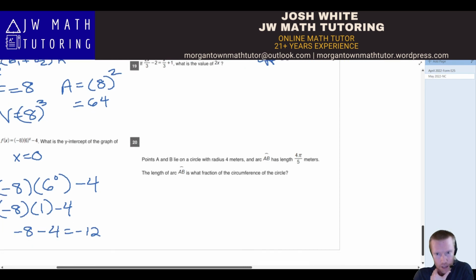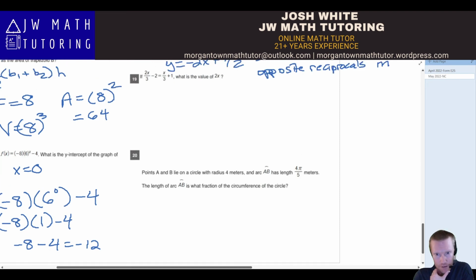Here you're given an equation, and they ask again for the value of 2x. The first thing I would do on this one is multiply everything by 3 on both sides to clear out the fractions, just because I think it's easier to work with whole numbers.